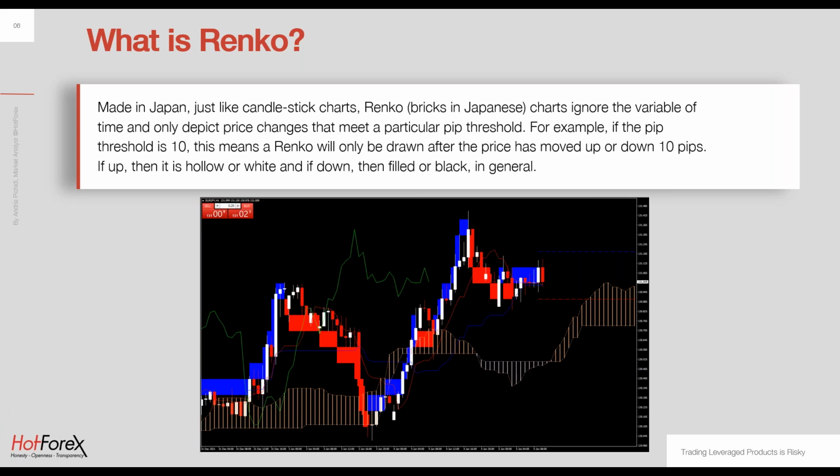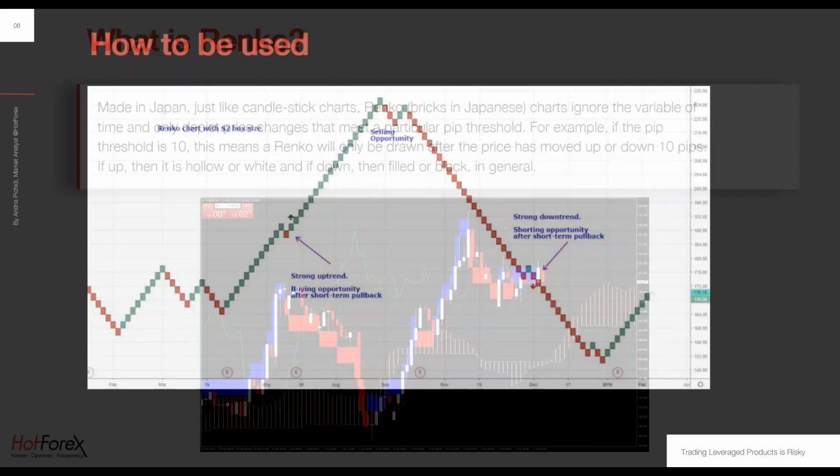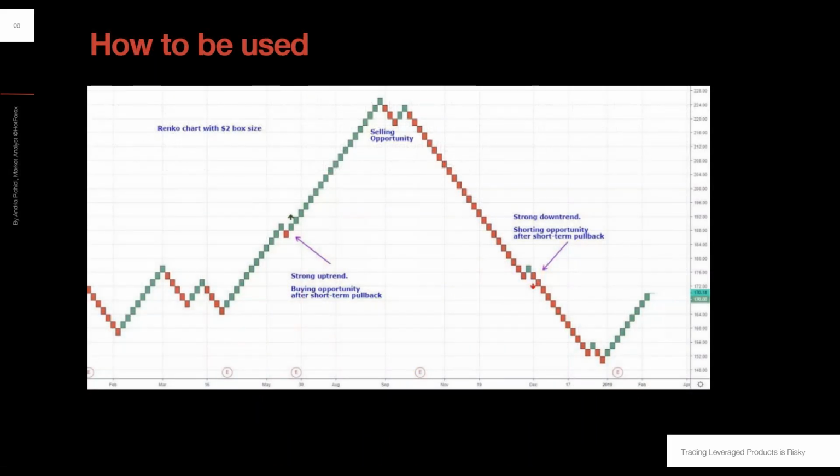Let me give you a brief understanding of how they can be used and how they could help you. As we said, Renko charts are designed to filter out any minor price movements, because what they aim to present is the overall trend. So we could say it's a trend indicator.